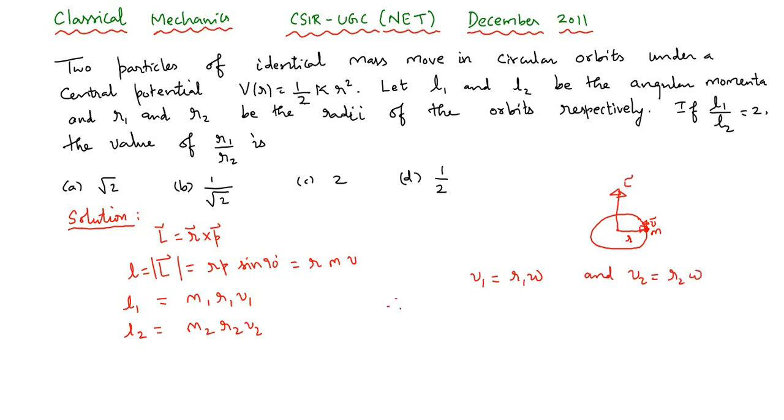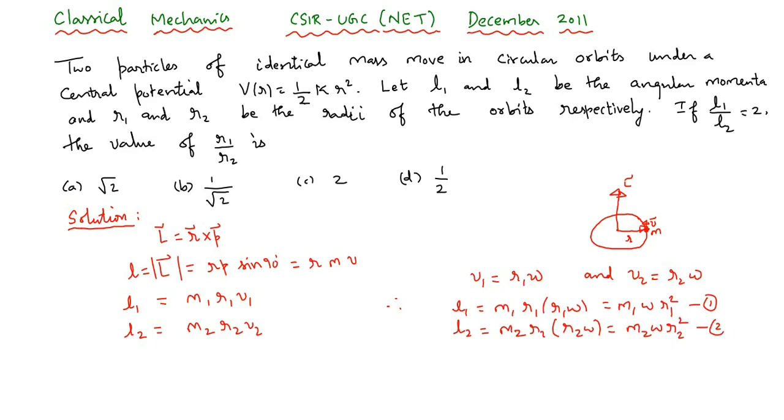Therefore L1 can be written as m1 r1 r1 omega, so m1 omega r1 square, call it equation number 1. Similarly L2 can be written as m2 r2 r2 omega, so m2 omega r2 square, call it equation number 2.